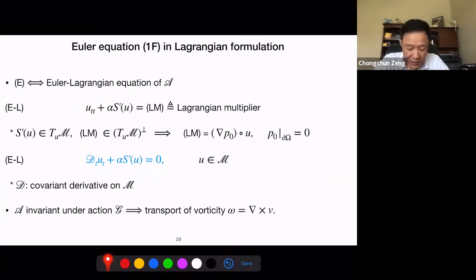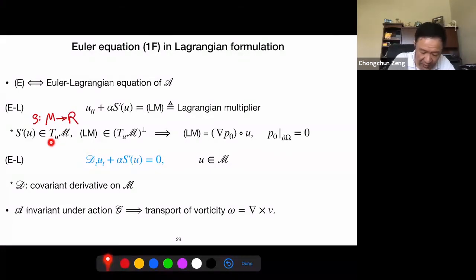So the whole combination is equal to a Lagrangian multiplier. Again, as we view the surface area functional as a map from M to R, this S prime is a tangent vector on the configuration manifold. And the Lagrangian multiplier is a normal vector in the infinite dimensional space.